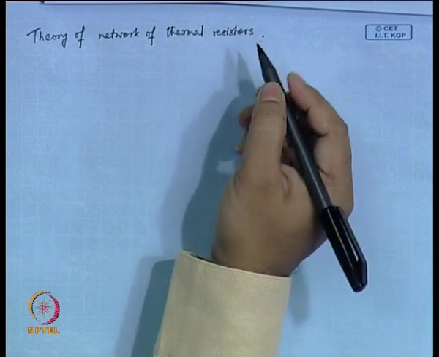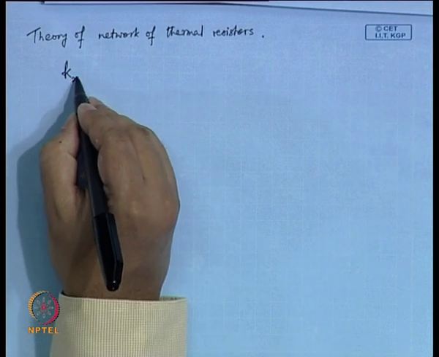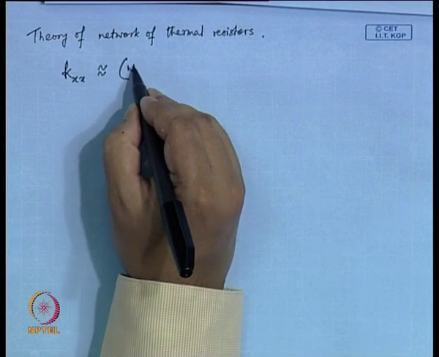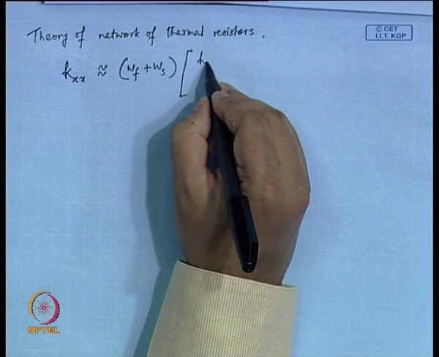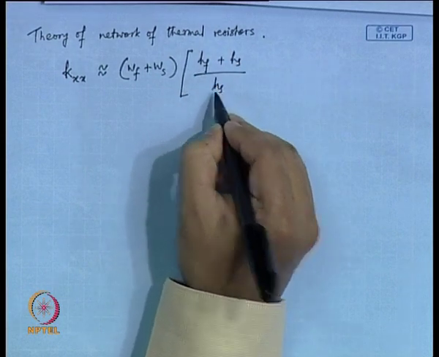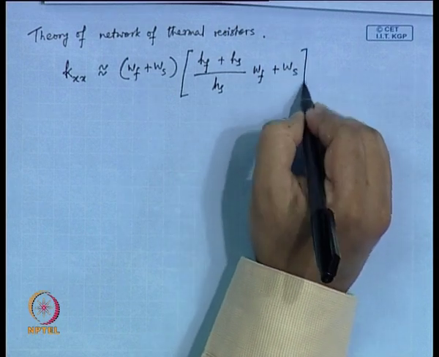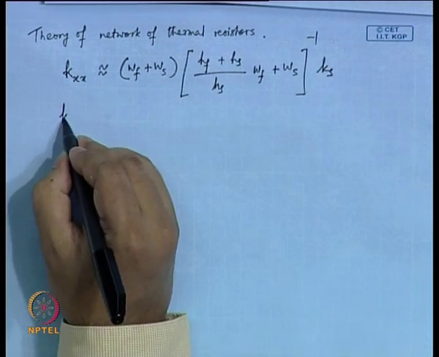It is a network of thermal resistors, and what they have done is they have obtained Kxx as Wf plus Ws into Hf plus Hs divided by Hs into Wf plus Ws, inverse, into Ks.